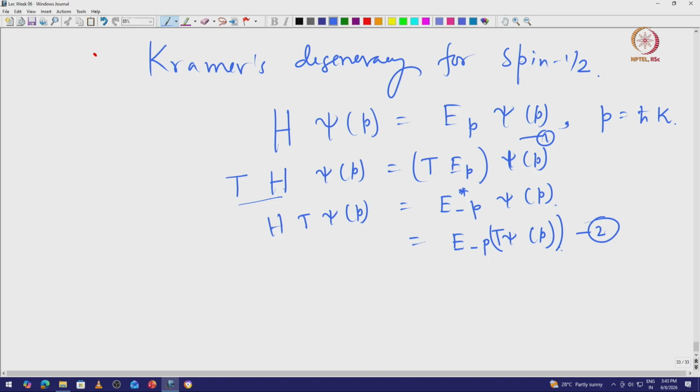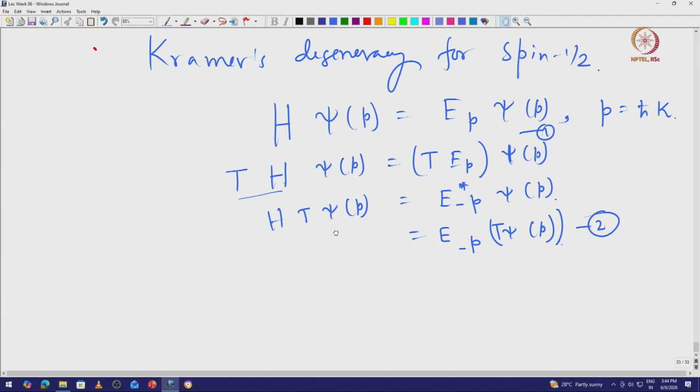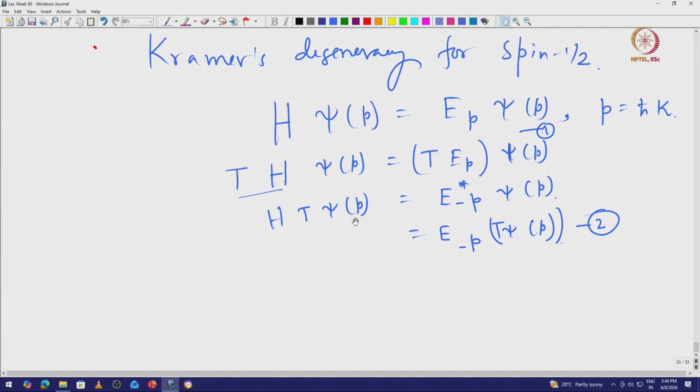So, in general it looks like there is no degeneracy, because it maps an energy eigenvalue at P to minus P, right. And these two states are sort of defined at different momentum, because this will also take you to minus P.